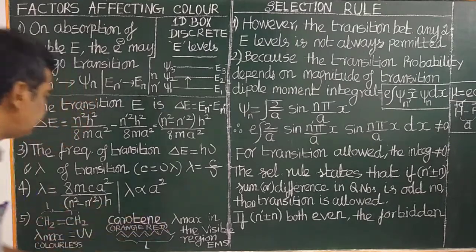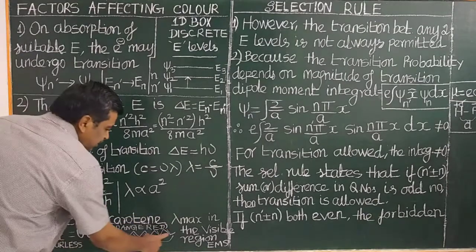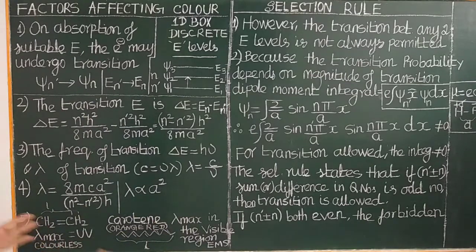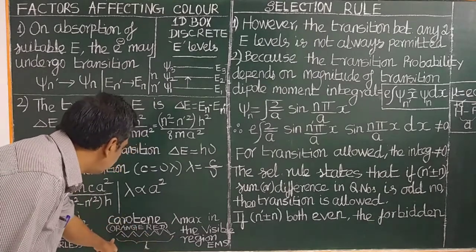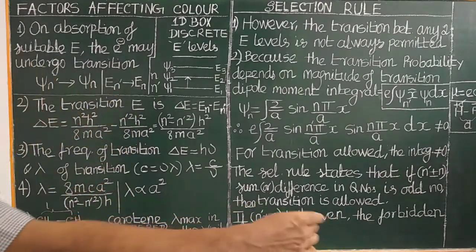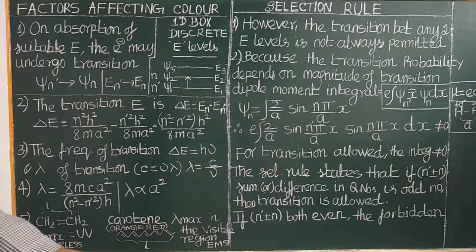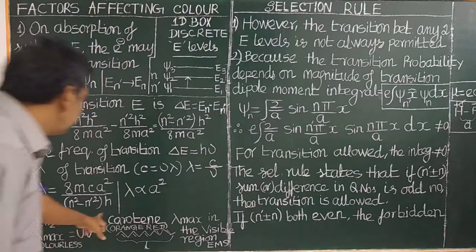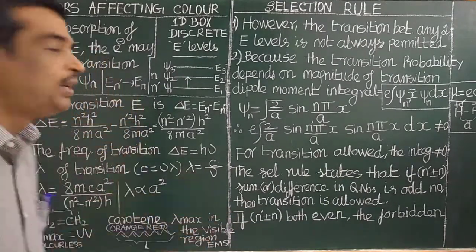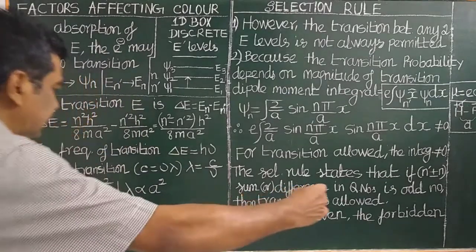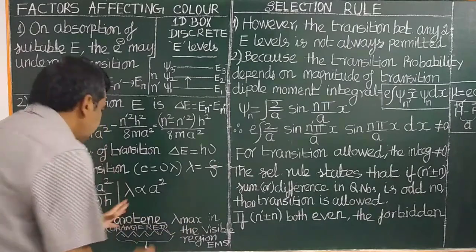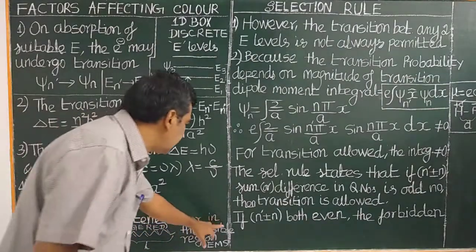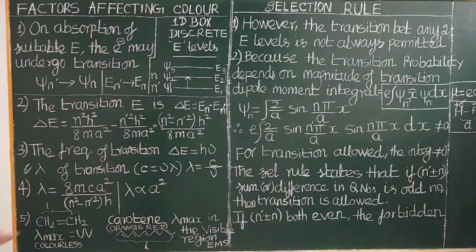Whereas in carotene, there is extensive conjugation, therefore delocalization of the pi electron. As the length of the box increases, the delocalization increases, therefore it absorbs light in the visible region. By suitably adjusting the length of the box, it is made to be colored.